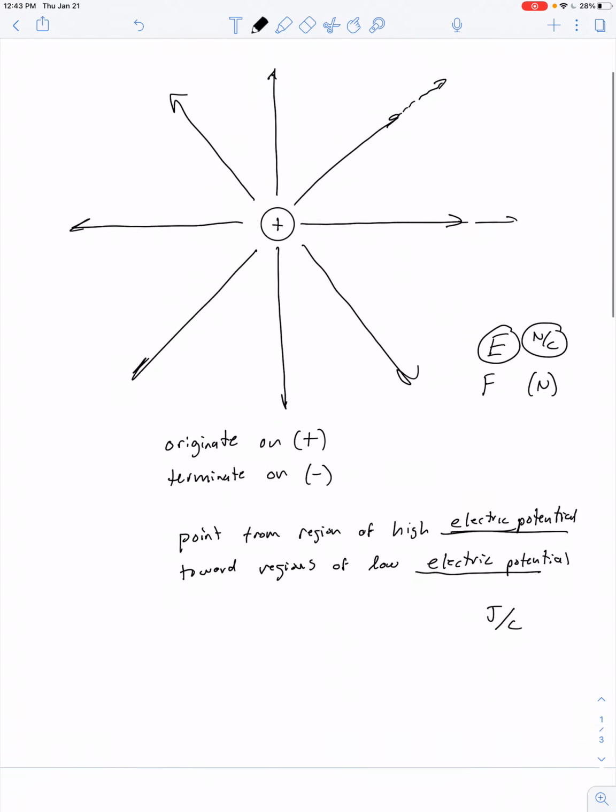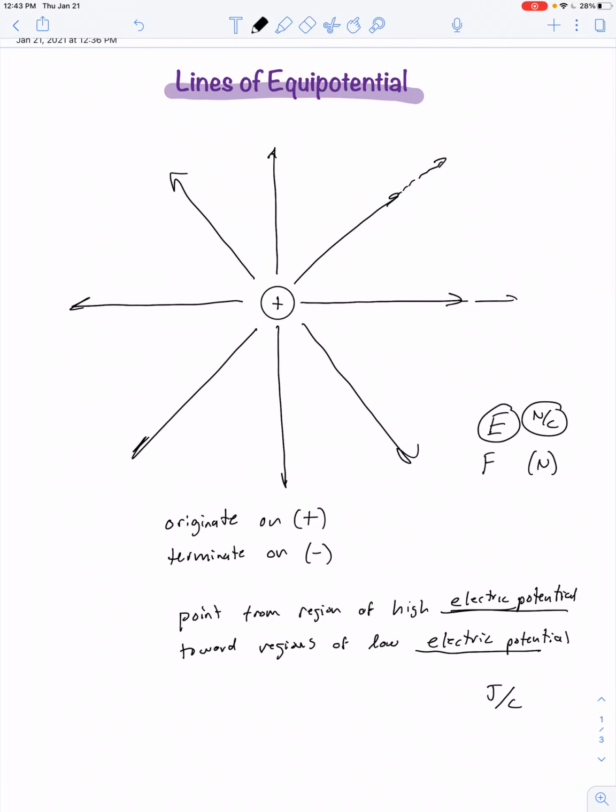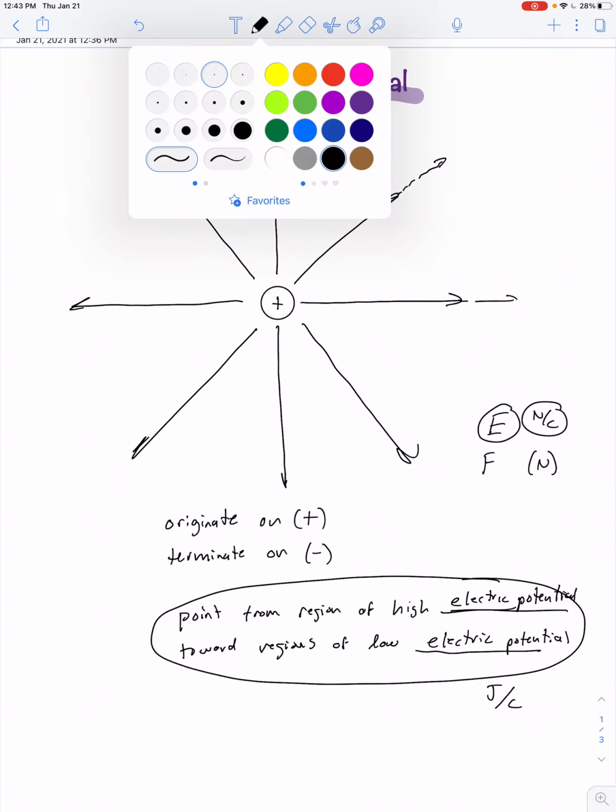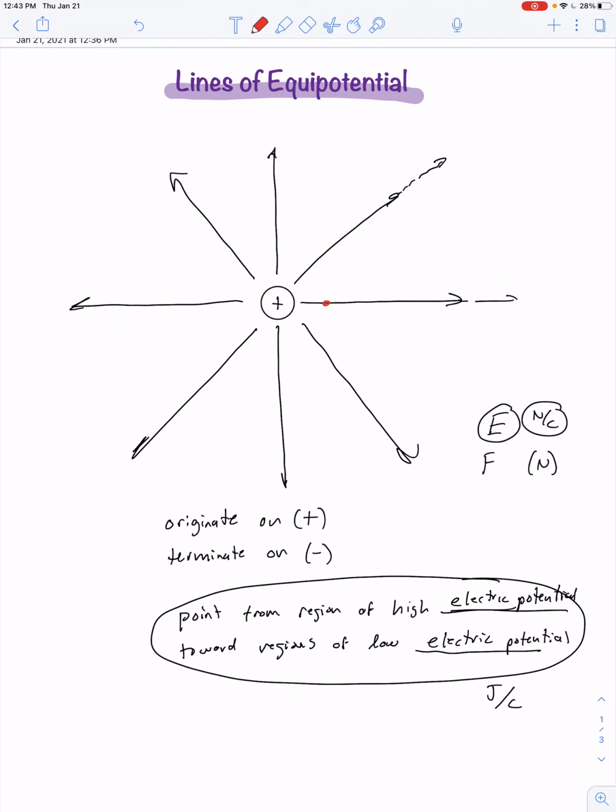Okay. In any case, if it's true that electric field lines point from regions of high electric potential towards regions of low electric potential, then we can assume the electric potential at this point right here, P1, is higher than the electric potential here at point P2.